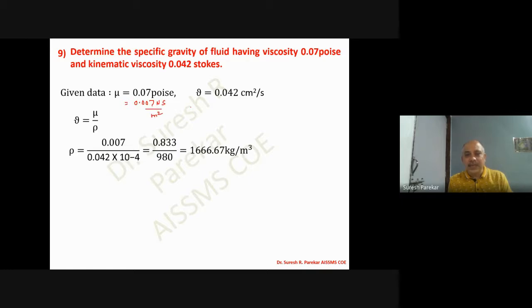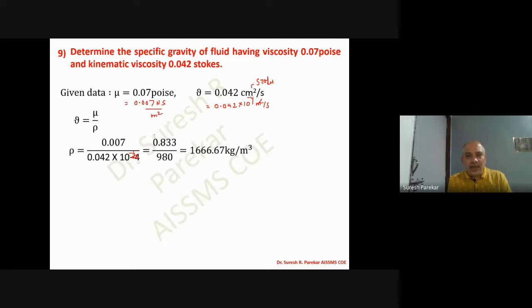And this is in centimeter square per second, so convert it into meter: it will be 10 raised to minus 4 meter square per second. So this is actually Stokes. Then we get rho as 0.007 divided by 0.042 into 10 raised to minus 4, that is 0.007 upon 0.0042.